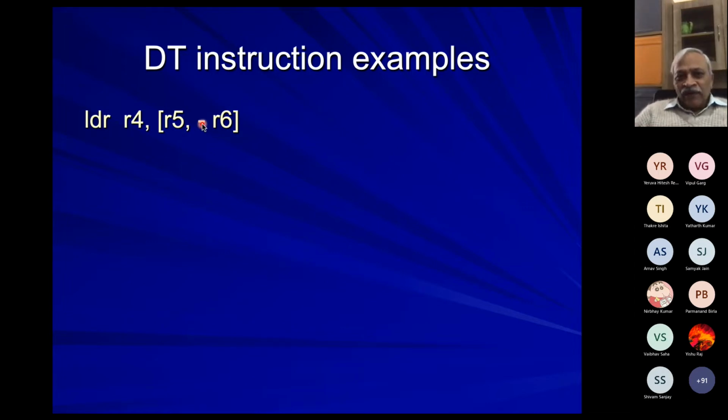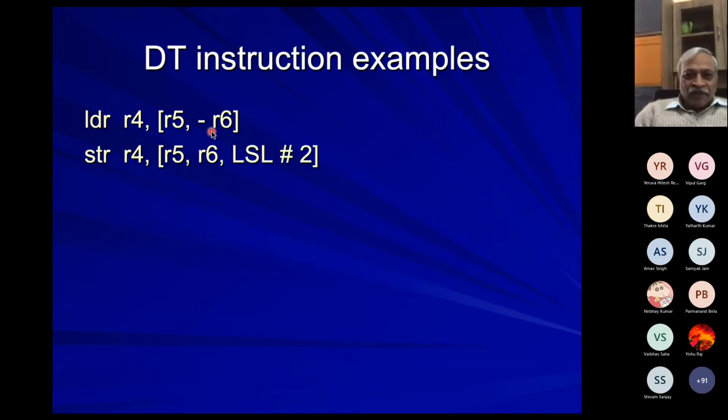Okay, that up-down field, it will take care that it is a subtraction of the offset. Okay, so this is how you specify whether the offset is to be added or subtracted. And with the offset part, you can specify a shift in the usual manner that is possible.